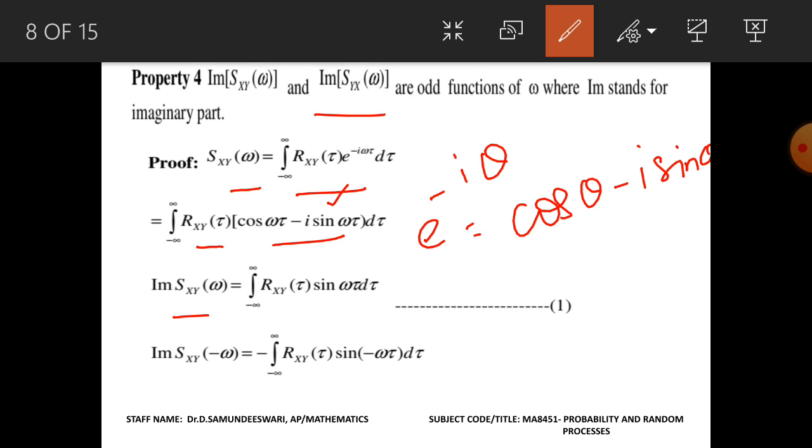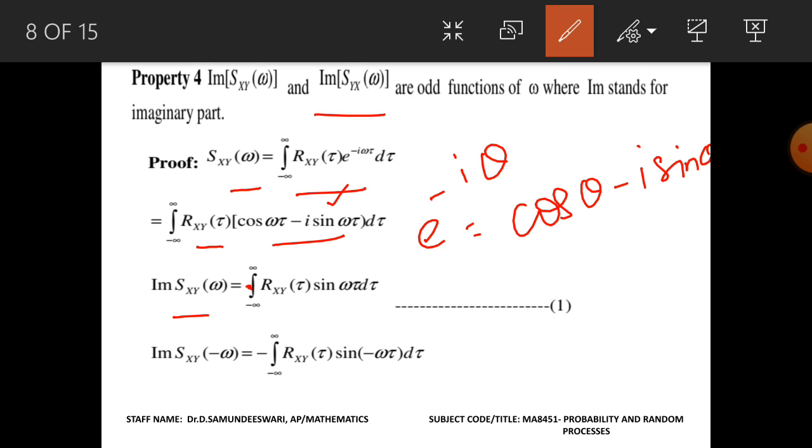So imaginary of Sxy of omega equals, I am considering only the coefficient, integral minus infinity to plus infinity Rxy of tau times sin omega tau d tau, with a minus sign, because here there is a minus.